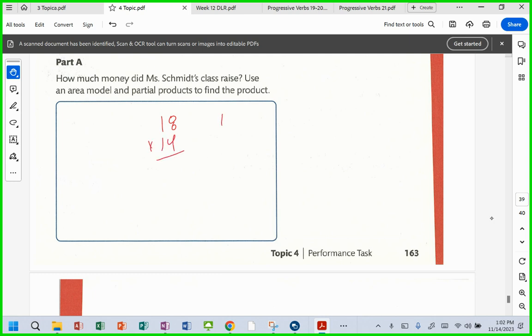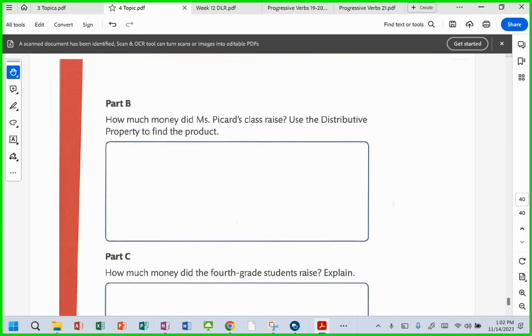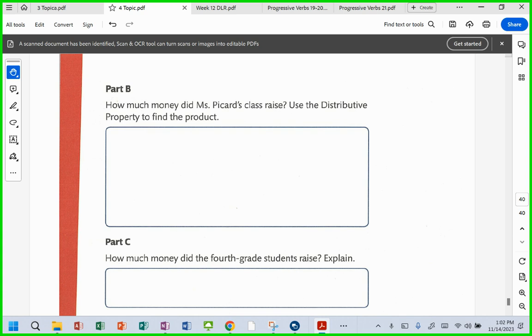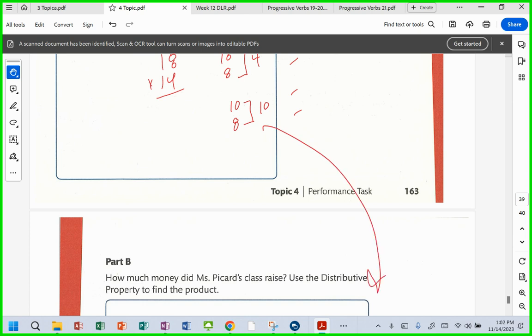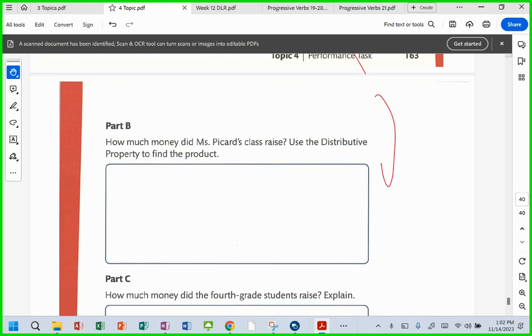So you're going to do 10 and 8 times 4, and you're going to do 10 and 8 times 10. And you'll add up all the partial products, which there should be 4 partial products to add once you're done. Part B, how much money did Miss Picard's class raise? Use distributive property. That's the distributive property that you're going to use down here, right?